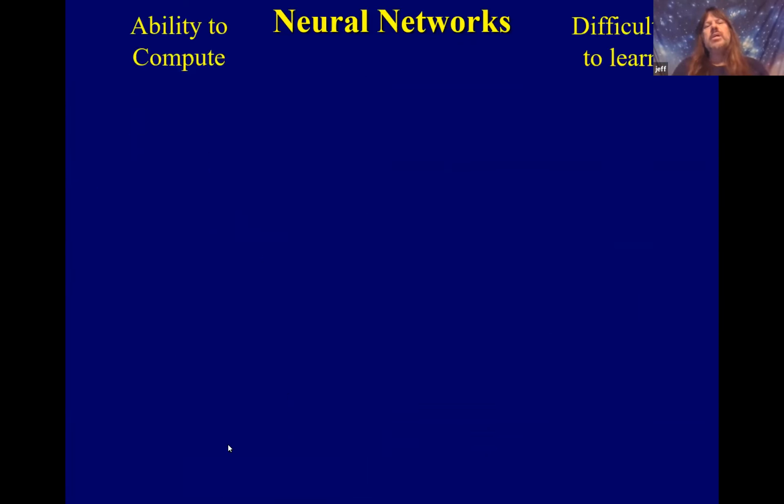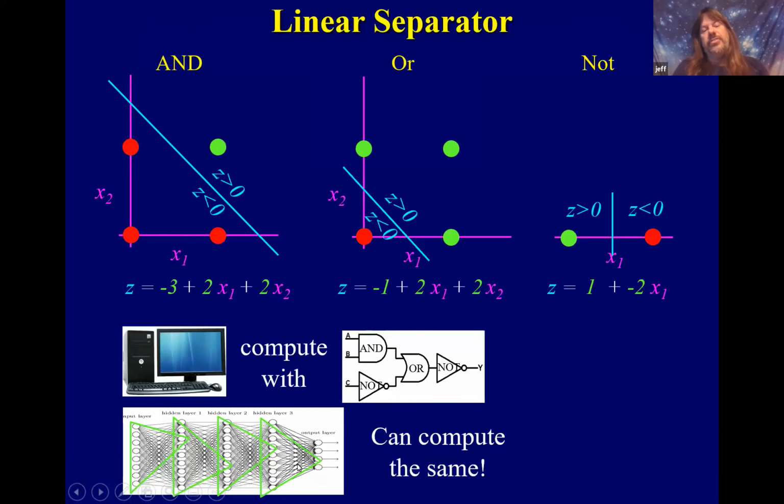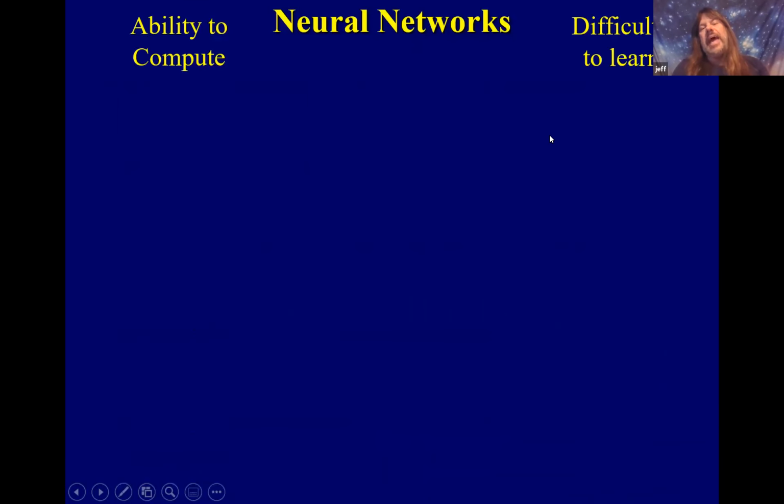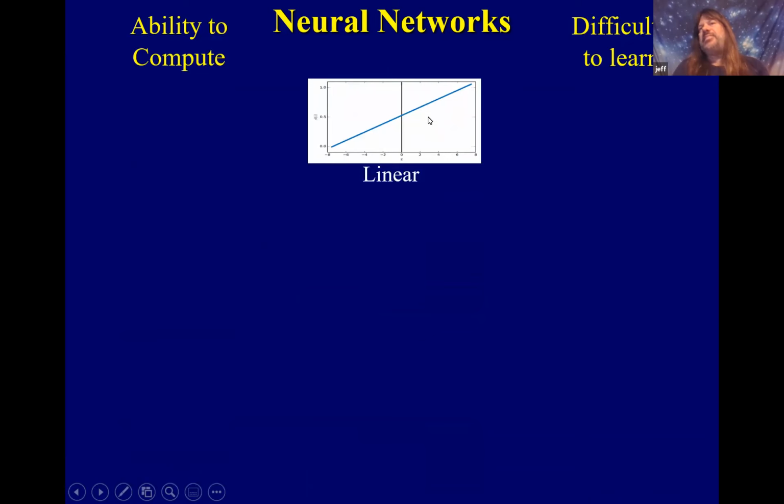So let's think about how well they compute versus how easy it is for them to learn, right? If in each of these neurons we did everything linear, then it's easy to know what weight you should have to compute the best you can compute.